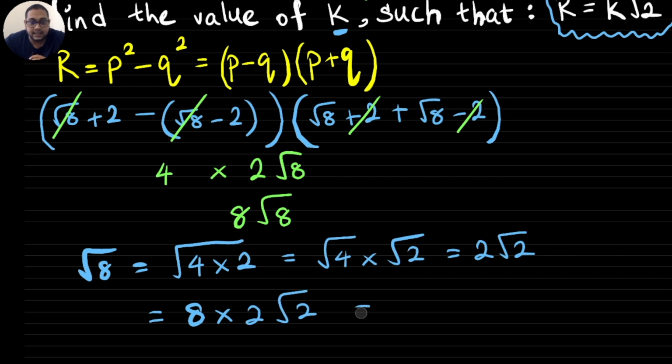Hence your final answer would be 8 multiplied by 2 is equal to 16, and 16 root 2. Therefore, k is equal to 16.